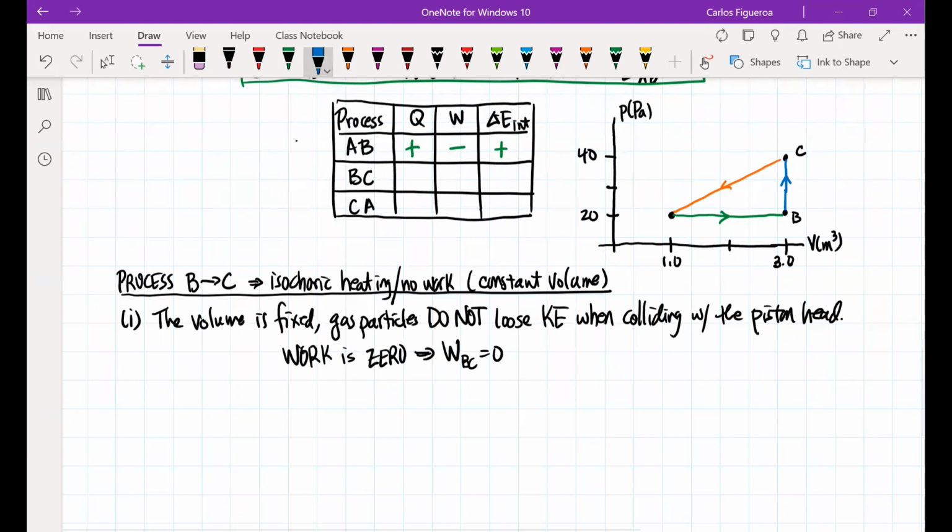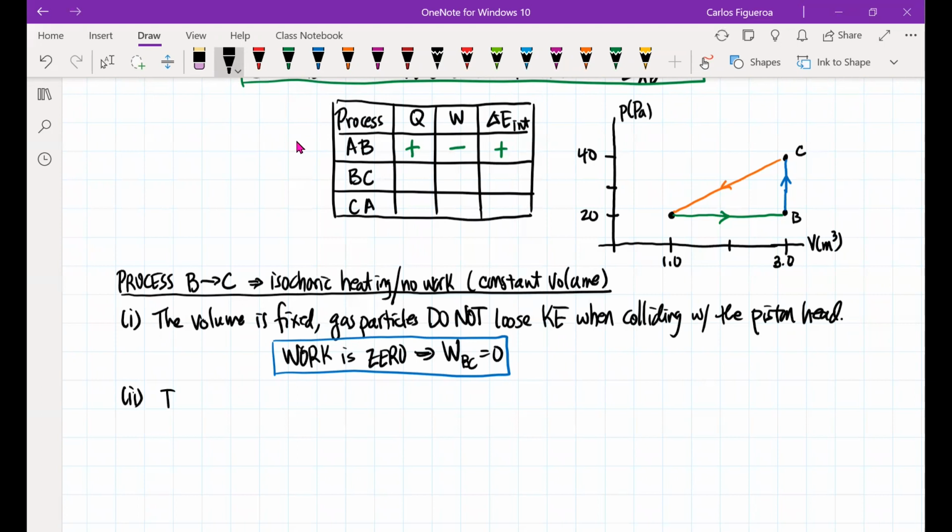Now we could have looked at that and said, well, there's no volume change, so the work is automatically 0. But we want to use physics to understand it. So now let's go to the second piece here.